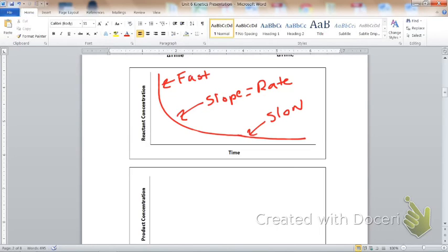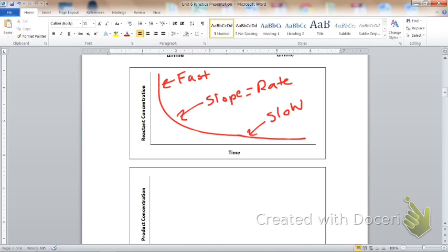Now, why is it so slow? Well, that's again because of the reactant concentration. Here at the end of the reaction there's very little concentration, and so we have a slower reaction occurring at that point. So that's what the slope looks like for reactant concentration versus time, which you need to be able to draw and be familiar with. All right?